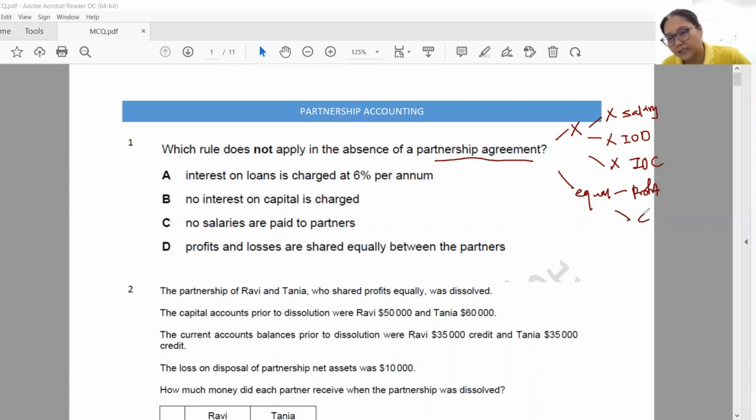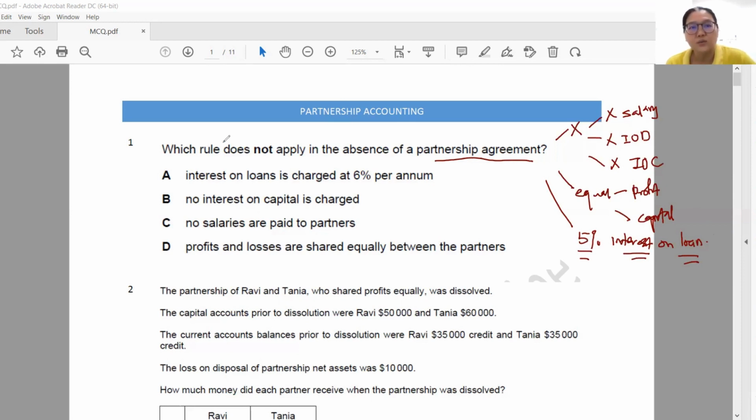And assuming the capital contributed will also be equal, except for the 5% interest on loan. So this is interest on loan, 5%.